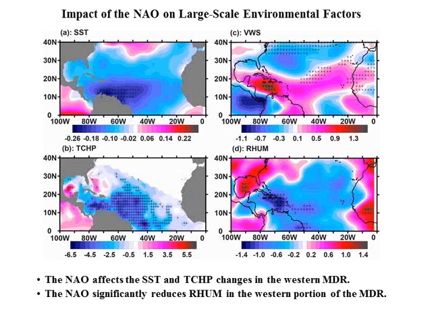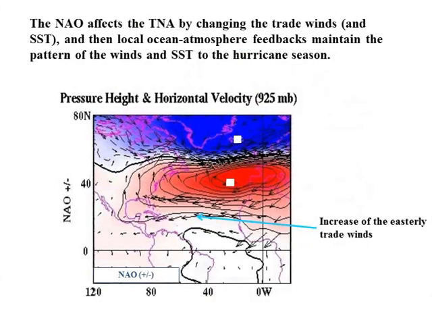So the question is why the NAO can produce such ocean-atmosphere change. The physics is also very simple. I believe this figure is from David, and we published this paper in 2006 with Santi, with David as the leading author. What we did here is make a composite for the positive NAO and negative NAO. The color is geopotential height, and the vector is wind.